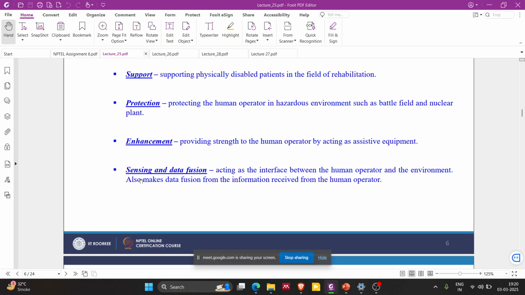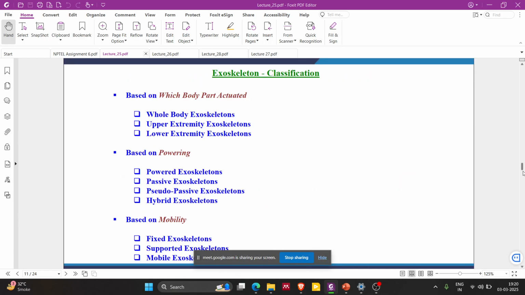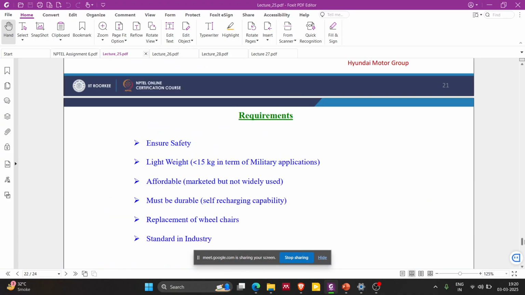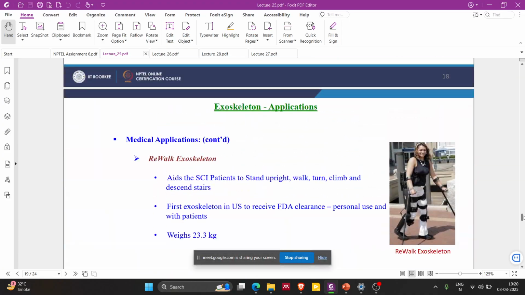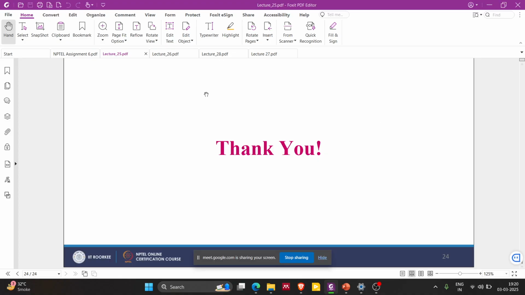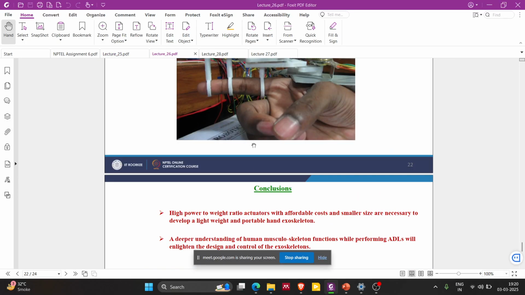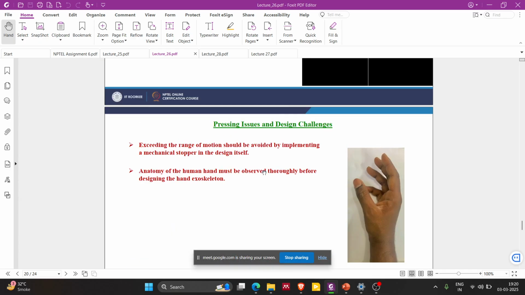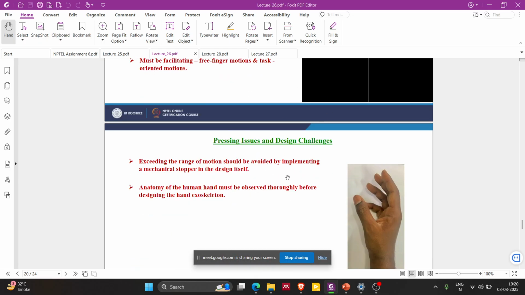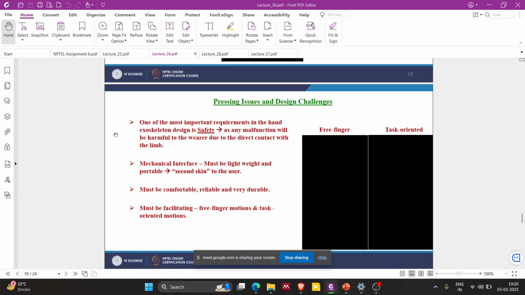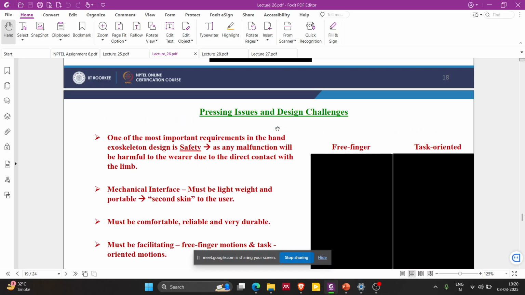Sensing and fusion data. But when you design something like an exoskeleton, what you need to consider is the conclusion, or the pressing issues, of the design challenges. One of the most important requirements in hand exoskeleton design is safety.